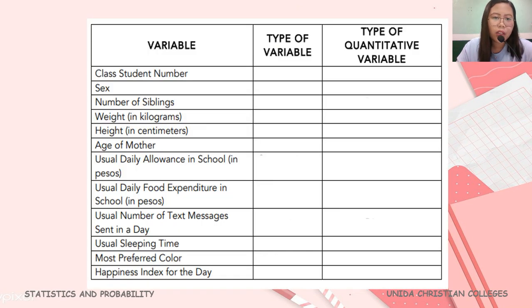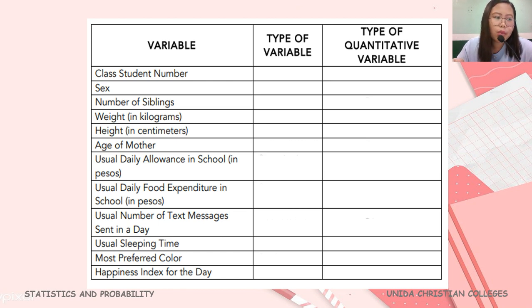So given po natin dyan ang mga variable, 12 variables. And then, all you have to do is to identify the type of variable, if it is qualitative or quantitative. Now, if your answer is quantitative, you will identify the type of the quantitative variable, if it is discrete or continuous. Okay? So, let's start.